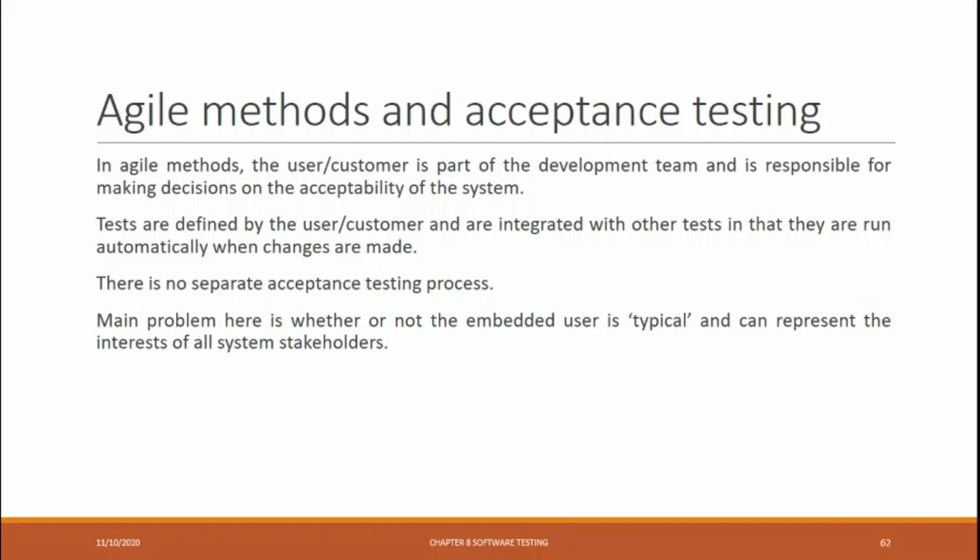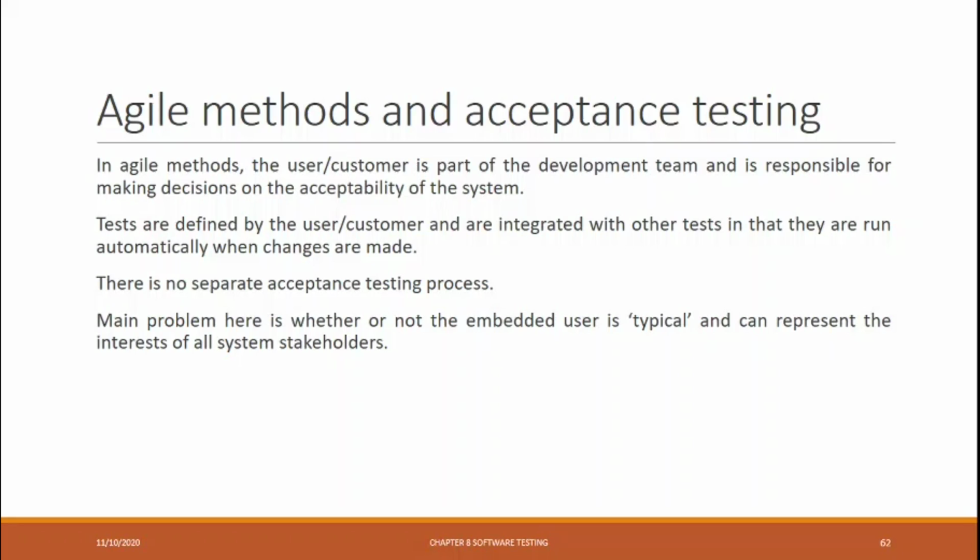There is no separate acceptance testing process. The main problem here is whether or not the embedded user is typical and can represent the interests of all the system stakeholders.